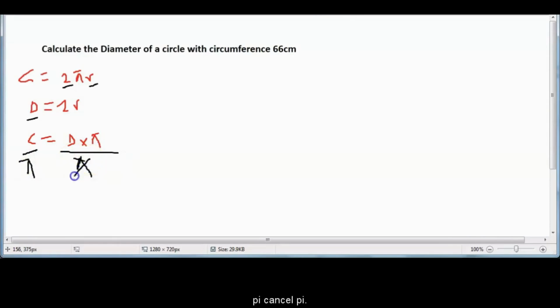Now pi cancel pi, we are left with D. That means that D is equals to C over pi. This is the formula.